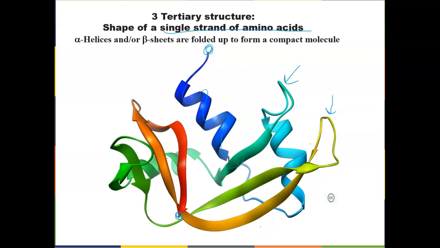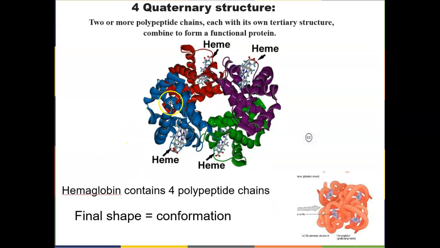In some cases, in order for functionality to happen, there have to be multiple polypeptide chains stuck together to make the final functional shape. In that case, we say this protein has quaternary structure. So the mature protein contains 2 or more polypeptide chains. So we could say a protein is 1 or more polypeptides that, when properly folded, perform the function for the body.